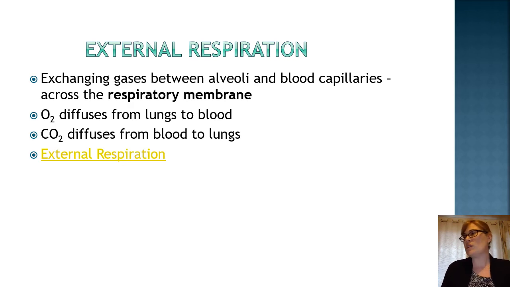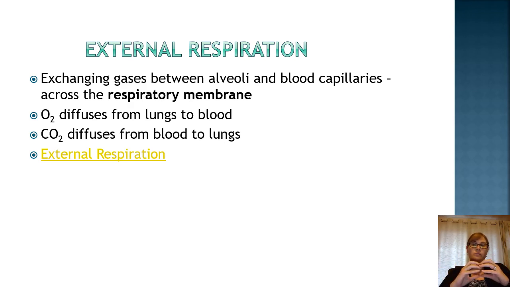I'm on page 844 at this point, which is external respiration. External respiration involves exchange of gases at the respiratory membrane. It's called external respiration because we're taking gases from the lung and putting them into the blood.